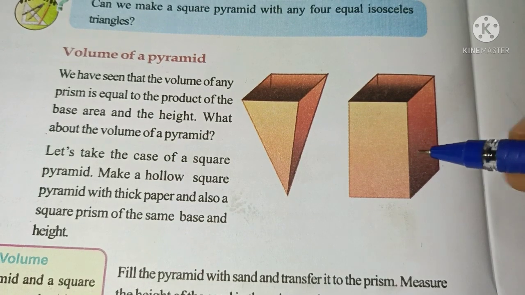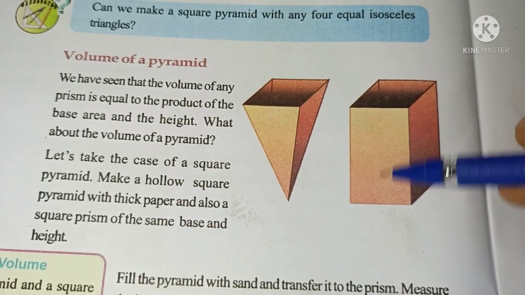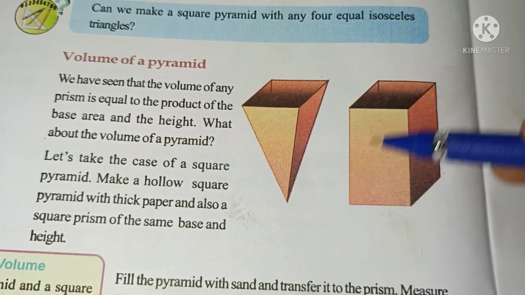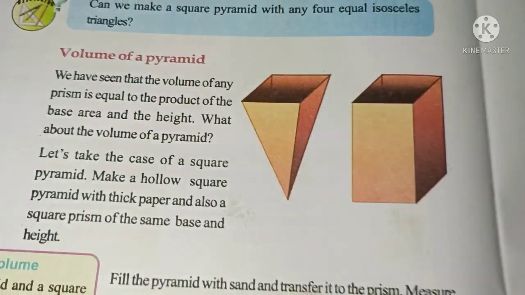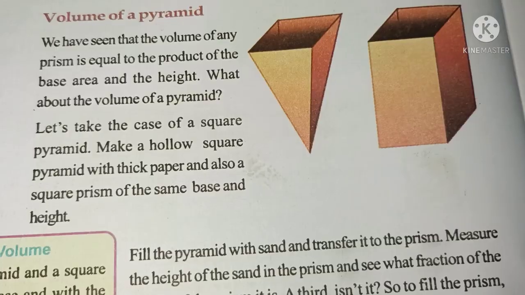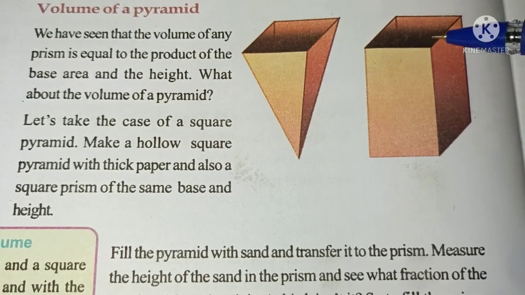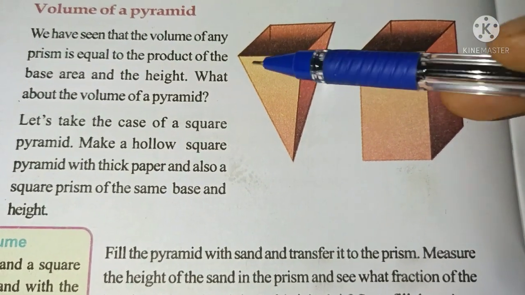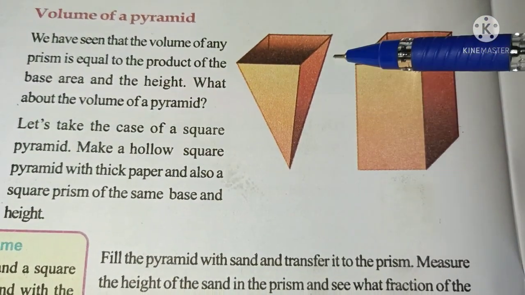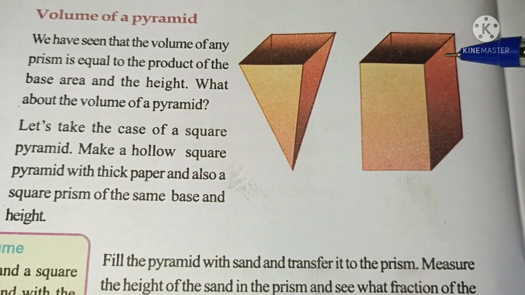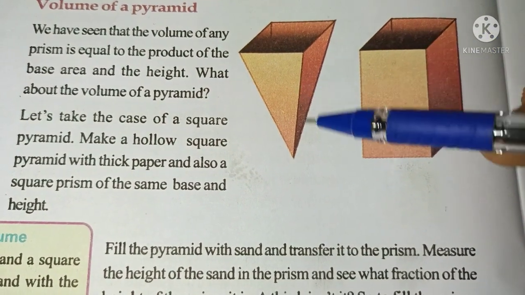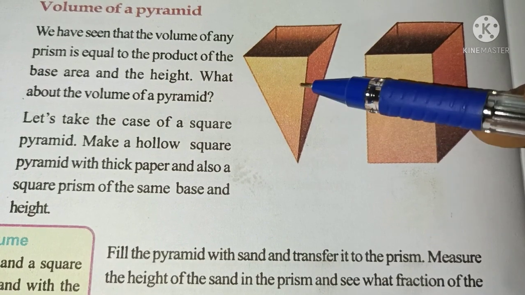Now I want to fill water in the prism using our pyramid. Then how many times do you need to take water to fill the prism? If I take the pyramid to fill up the prism, I need 3 times.